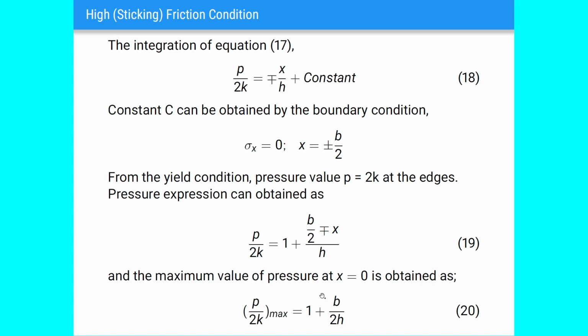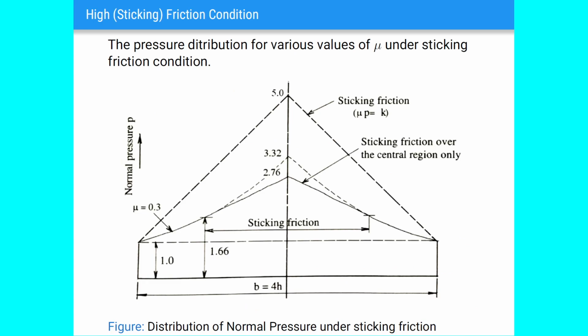So this equation number 20 will give you the pressure distribution under the sticking friction condition. Here you can see the diagram of the distribution of normal pressure under sticking friction condition.